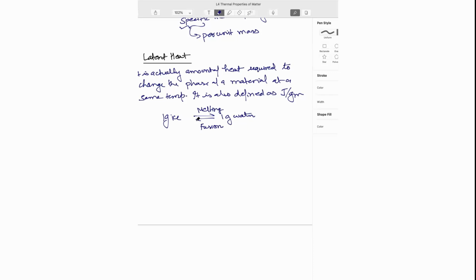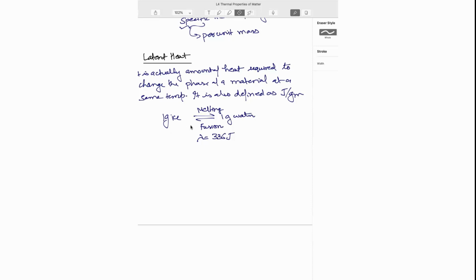The amount of heat required for this conversion is lambda equals 336 joule, generally denoted by lambda. It's already per gram, because it is the amount of heat required to change the phase of a material at the same temperature, defined per unit mass.